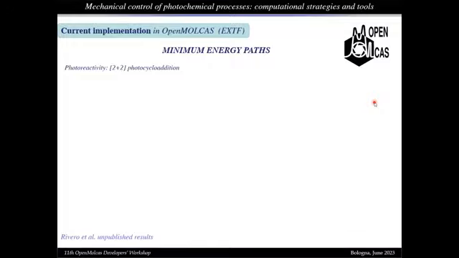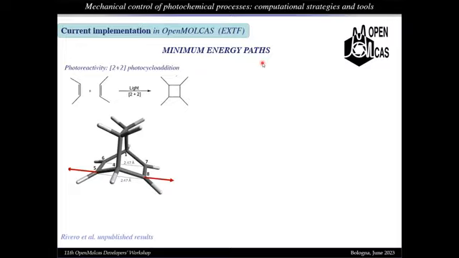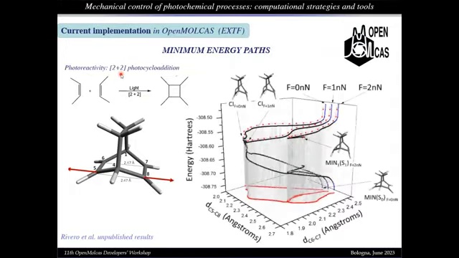With these modules, specifically with the EXTF module, we can perform minimum energy paths with explicit application of mechanical force, like in this case, where we are studying a photocycloaddition, a 2+2 photocycloaddition.